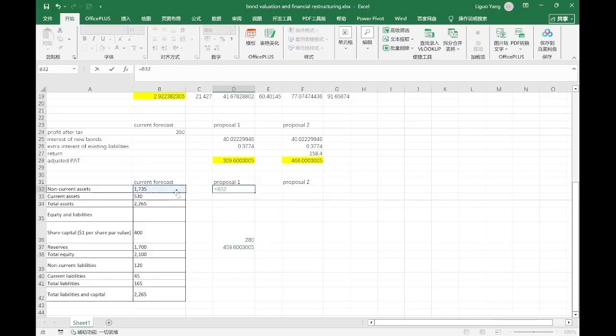The difference for this one, as there's interests paid out, so the current assets will be minus. Okay. Assets.